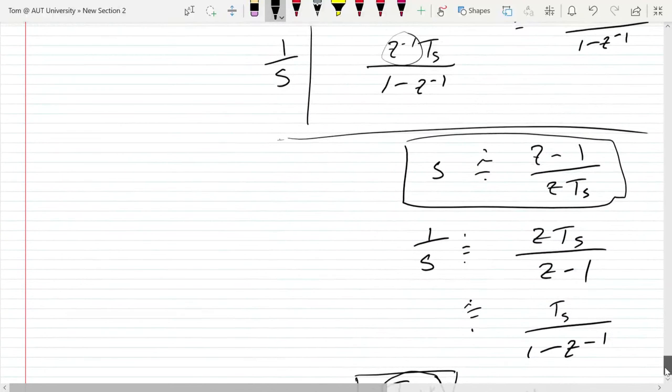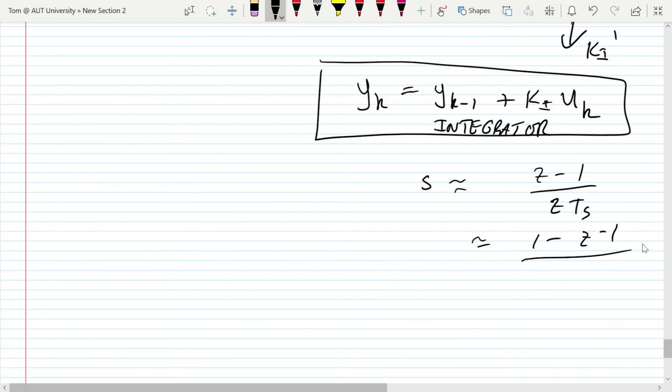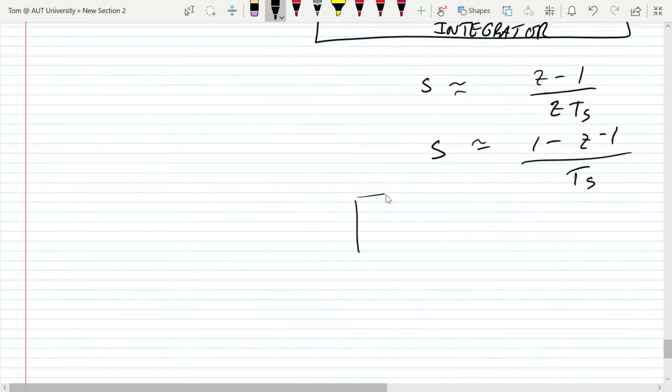So S is a differentiator, so S is approximately equal to (z minus 1) over zTS, which, writing it in backward form, is (1 minus z to the minus 1) over TS. Divide the numerator by z, the denominator disappears. You get that.